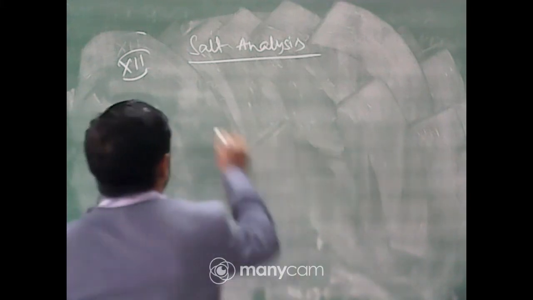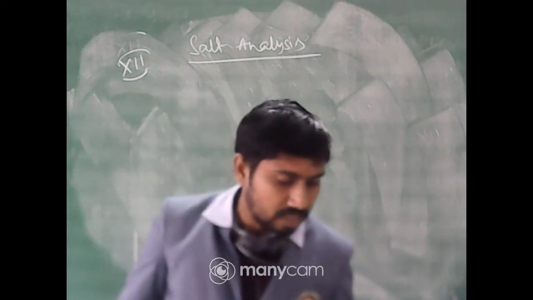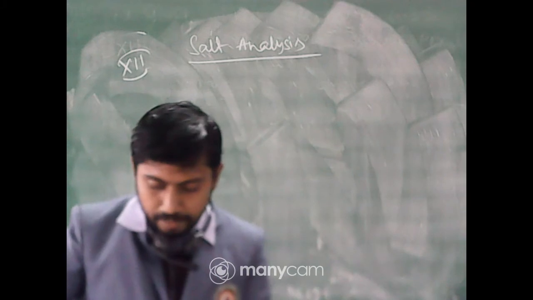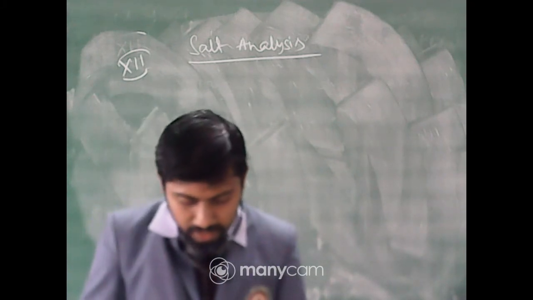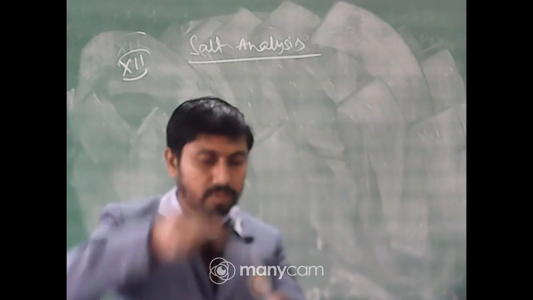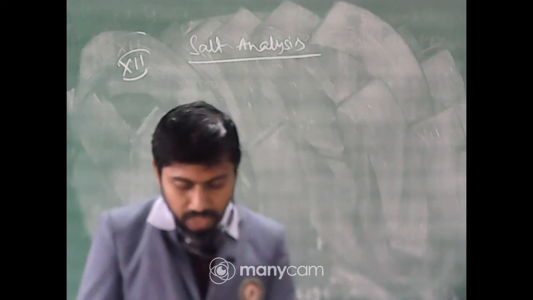Now, first of all the group 0 salt. I am showing you the sample. The sample is white in color and crystalline, just looking like salt.